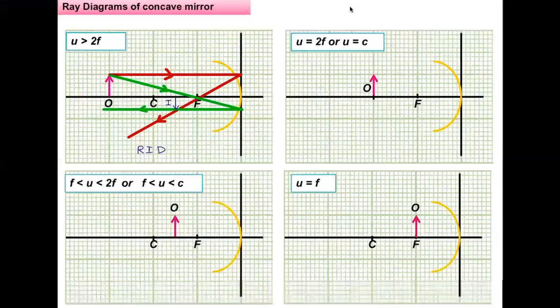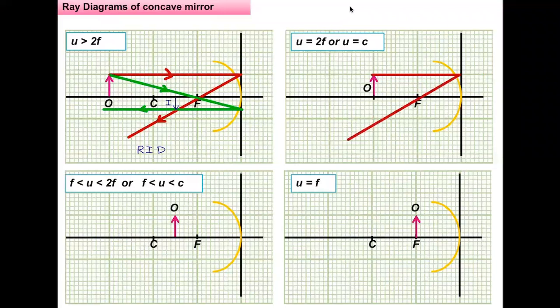So the next one is when the object is exactly at 2F. Again, I will be using the second rule from the top of the object. Then it will be reflected to F.